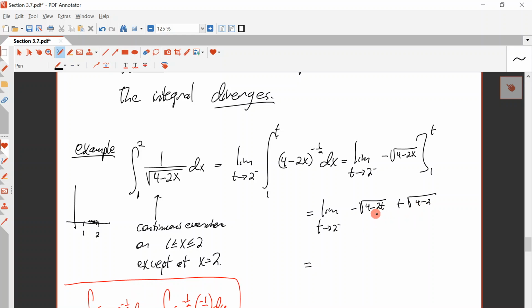This one, as t goes to 2 on the left, just goes to 0. We can just plug in t equal to 2 because this function is continuous at 2, and you get 0. So that one is 0 plus root 2, so the answer is root 2, so the integral converges.